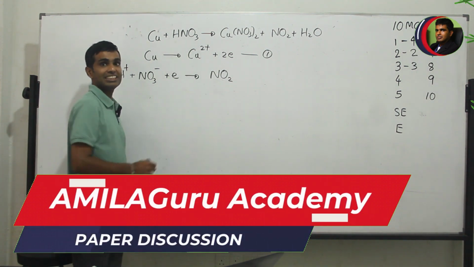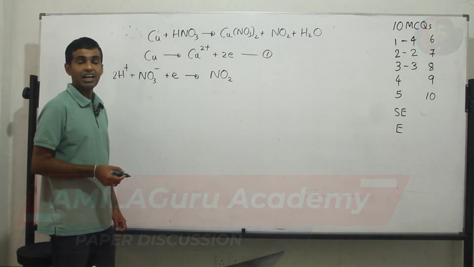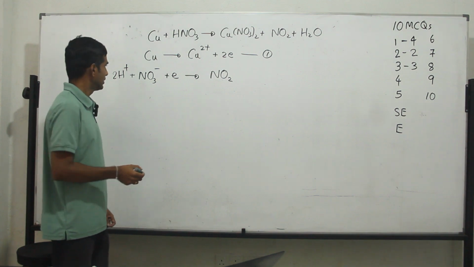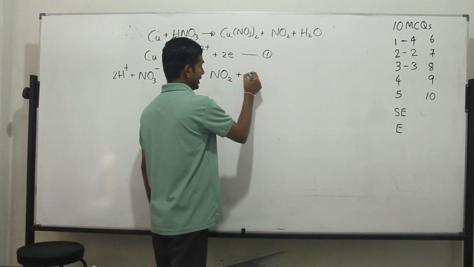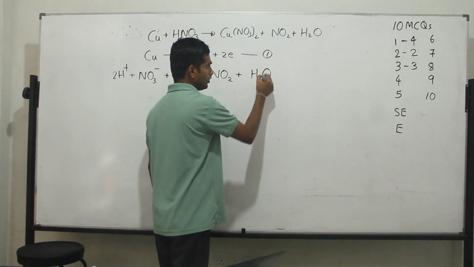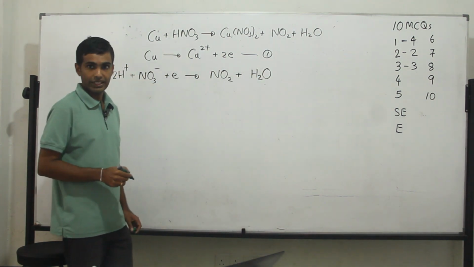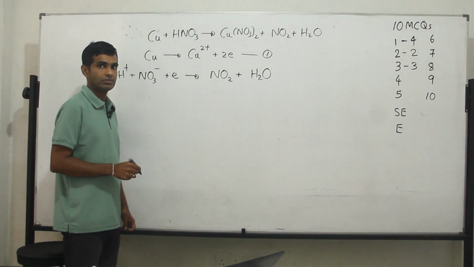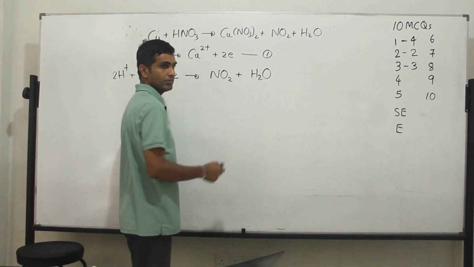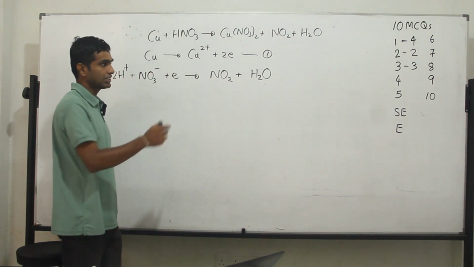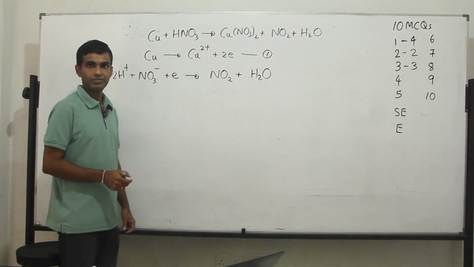Because nitric acid is there, so it releases hydrogen ions. Then there are 2 hydrogen atoms. We can add 1 water molecule to balance the number of hydrogen atoms. 3 oxygen atoms. So the half reaction is balanced.